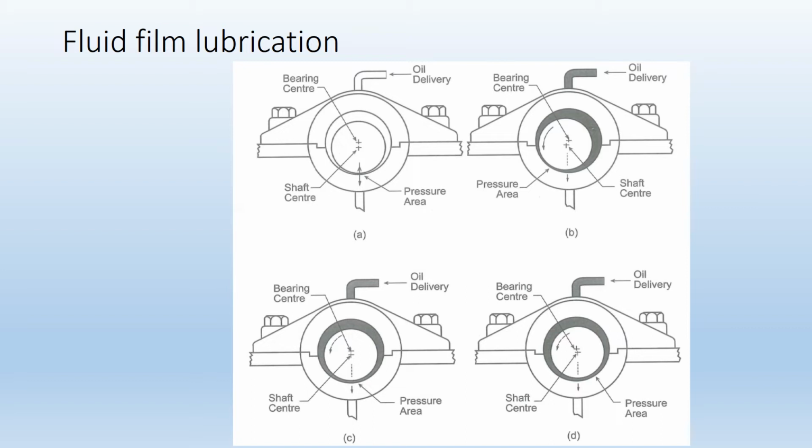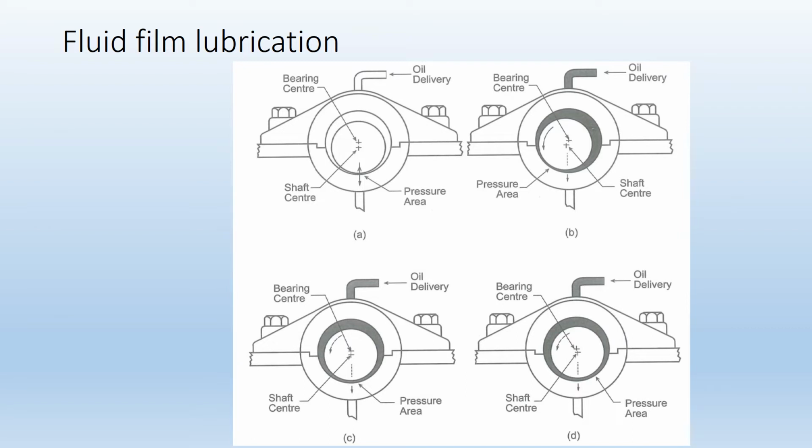In slide C, the shaft is rotating, but you'll notice now the shaft is actually floating off the bottom of the bearing, and the pressure area is slightly off to the right-hand center. Oil is still being delivered, the bearing is still flooded. So right now the shaft is rotating at a great enough speed that the oil is being pulled underneath the shaft and floating the shaft up.